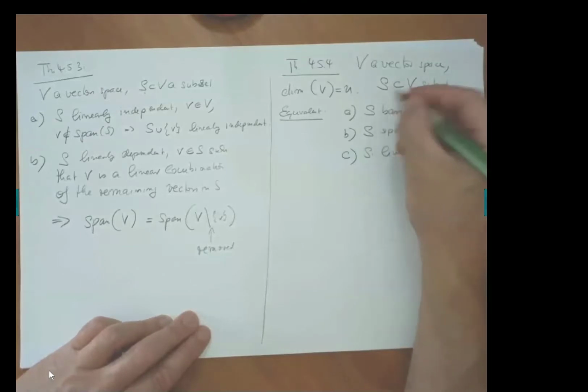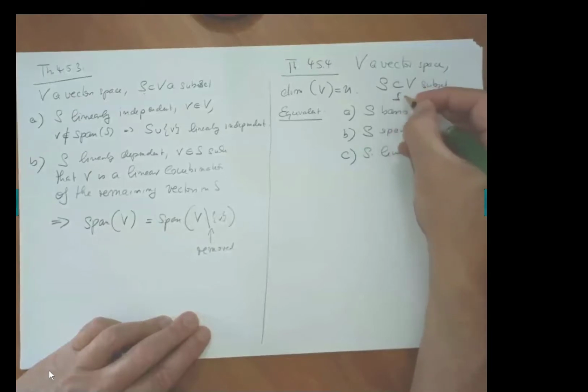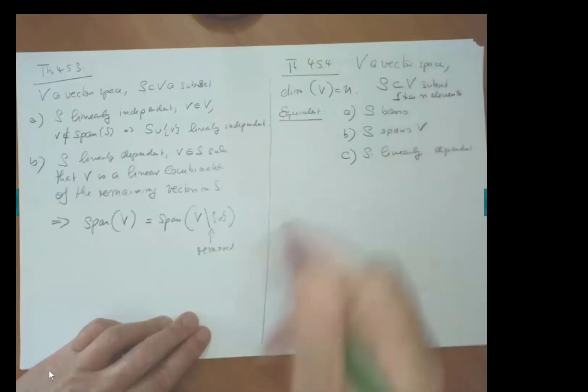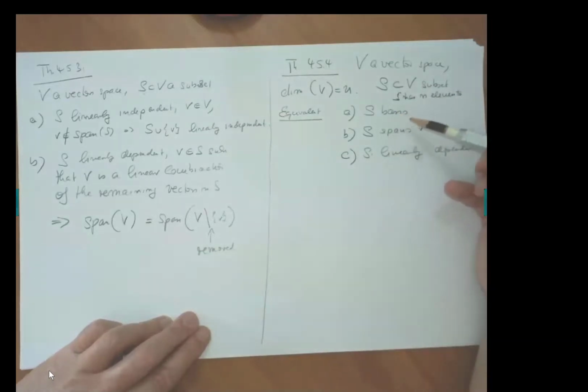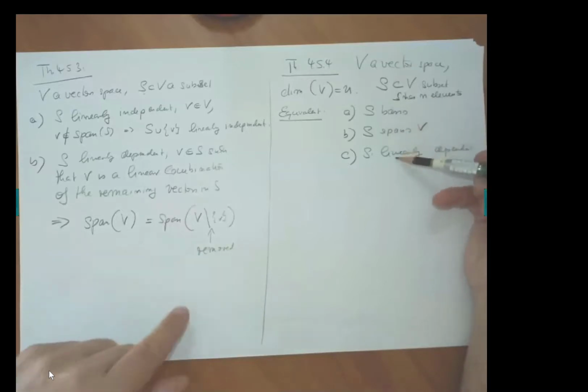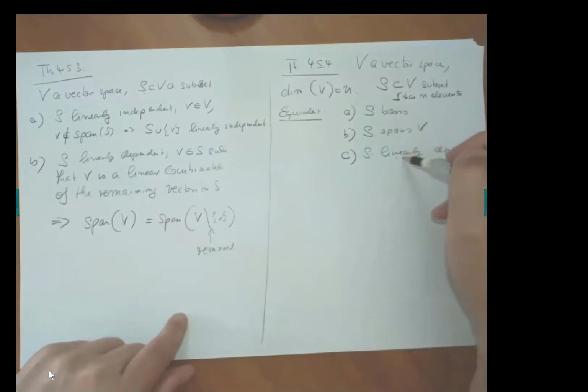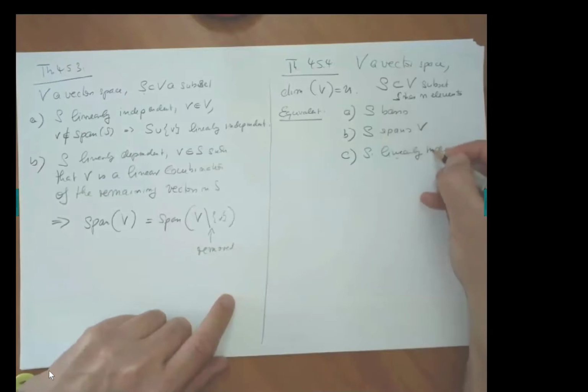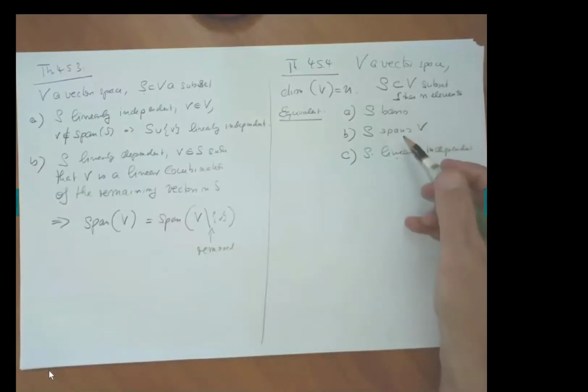Okay, and also I have to say S is a subset and S has, sorry, I forgot, n elements. So what you see here is now if it's a basis, it automatically spans. But it turns out if it spans and it has n elements, it's also linearly independent. And why is this?